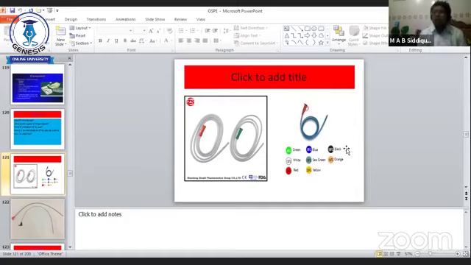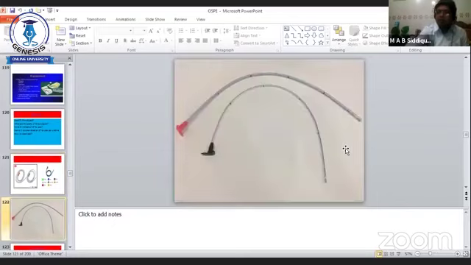But we use in our ward sizes like 14, 16, and 18 most commonly, but smaller sizes are also used in our surgical practice, though not commonly.